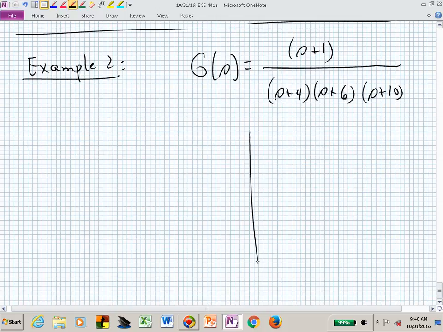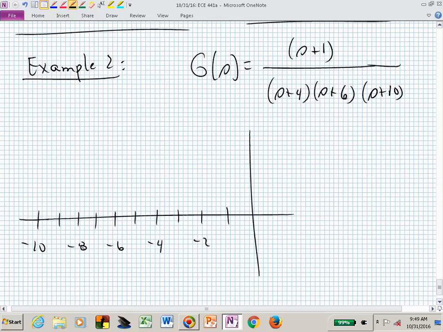And we can quickly perform a sketch, and those are all uniformly spaced, maybe not sketched uniformly, but that's supposed to be, I hope, -10. Here's -2, -4, -6, -8. I can quickly sketch an open loop pole at -4, an open loop pole at -6, and an open loop pole at -10, and I have a 0 at -1.